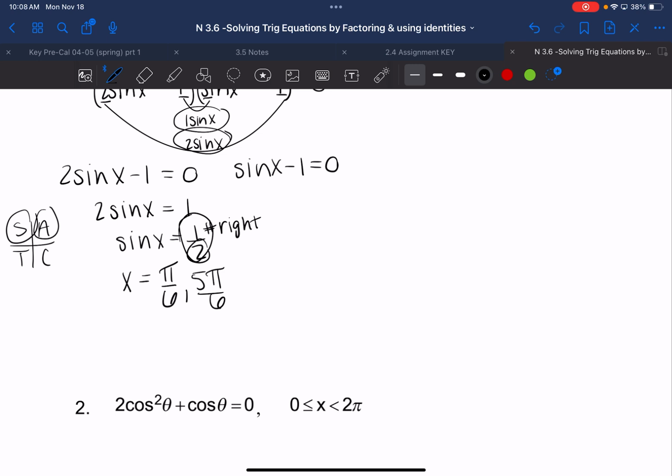Okay, so how would I solve that second factor? Add 1. So I'll have sine of x equals 1. Okay, well, this is going to have to be something that's not in between, right? Because it's supposed to be over 2, if it is, right?